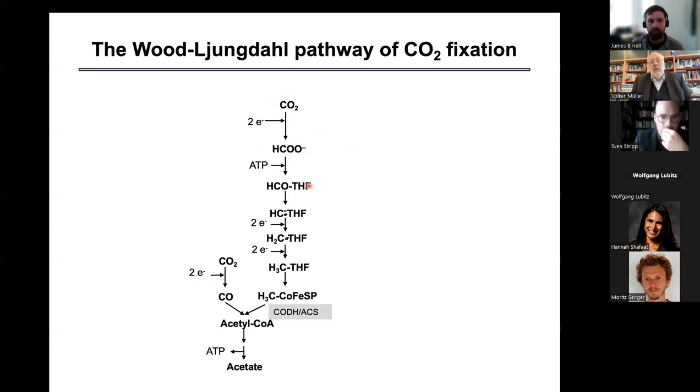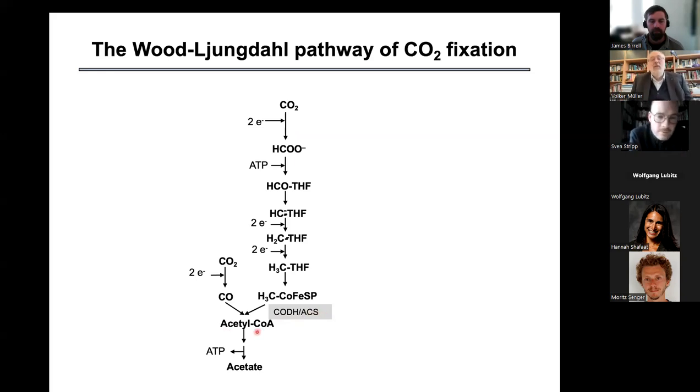Then the formate is bound to a cofactor, tetrahydrofolic acid, subsequently reduced to a methyl group. And then in the second branch, the carbonyl branch, the second molecule of CO2 is reduced to enzyme-bound carbon monoxide. And the carbon monoxide, together with the methyl group and CoA, is condensed on the key enzyme of that pathway, which is the CO dehydrogenase acetyl-CoA synthase, to acetyl-CoA.